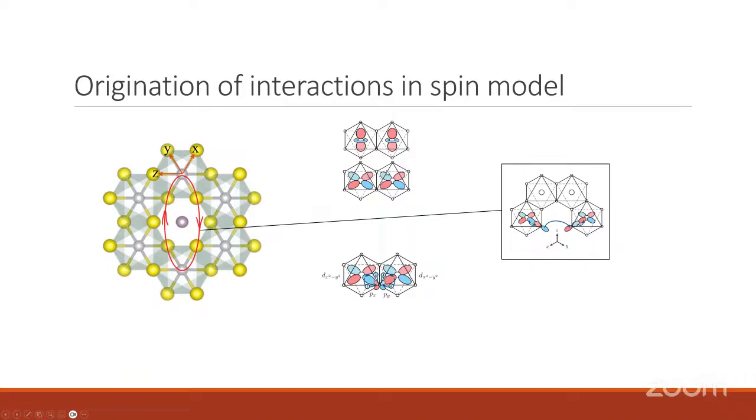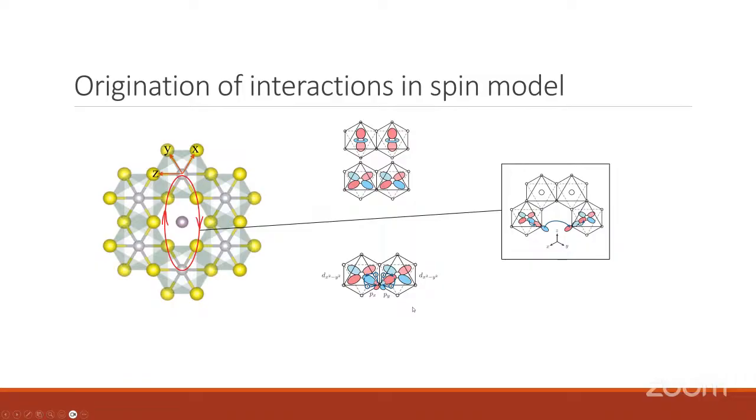But the perturbation theory told us that the nearest neighbor interaction through direct hopping only generates a ferromagnetic interaction, but the indirect hopping through the ligand p orbitals can give us an antiferromagnetic interaction. So the competition between the direct hopping and the indirect hopping, they are both contributing to the nearest neighbor spin interactions.